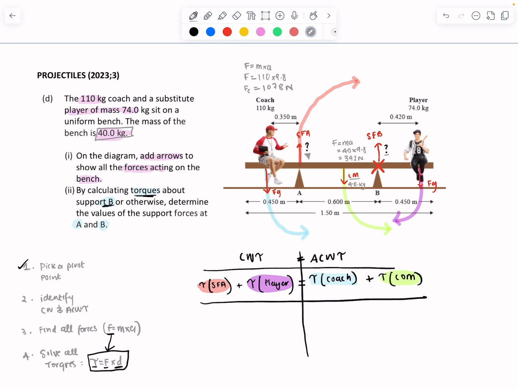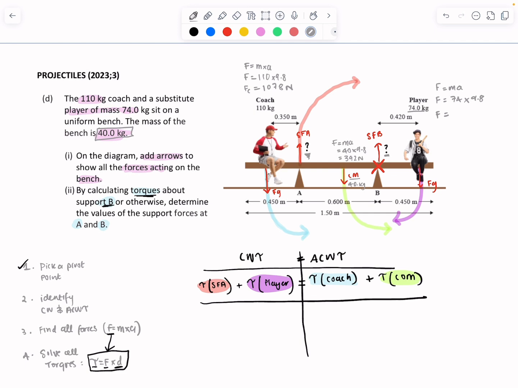What else? We don't know the force provided by support force B, but we'll work that out later. Okay, what about the player? The player has a mass of 74.0 kgs, so F equals ma. We've got the mass of 74 kgs times 9.8.